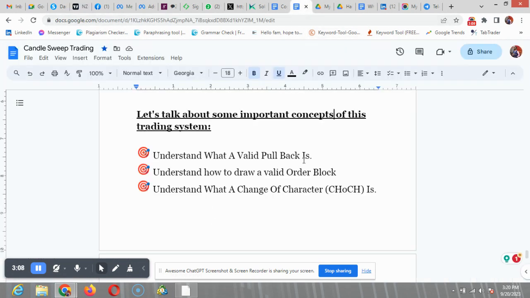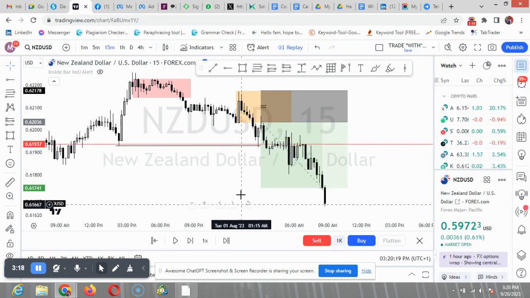All of these concepts here, a valid pullback, a valid order block, a change of character, are what would allow you to take trades.